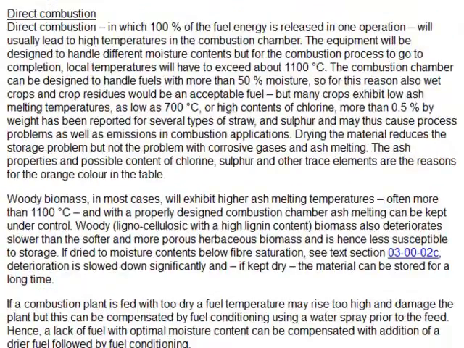Looking then at direct combustion as a way of extracting the energy and utilizing the fuel, the direct combustion process is the only one in which 100% of the fuel energy is released in one single operation. That means that it will usually lead to high temperatures in the combustion chamber.